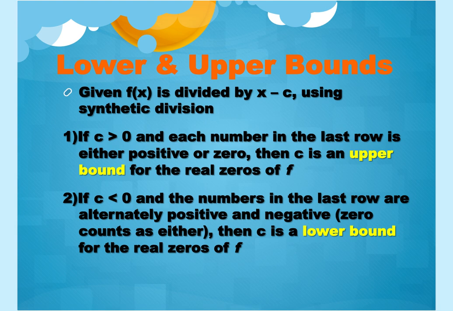The way you test this, and it only works if the first part of this works: if C is greater than 0, so C is positive, or whatever you're putting on the outside of your synthetic division is positive, okay, that's your C. If C is positive and you divide synthetically, and the last row, the bottom row here, is either all positive or all 0, or a combination of positives and zeros, then that number is an upper bound. It does not mean it is a root. It just means nothing bigger than that is a root.